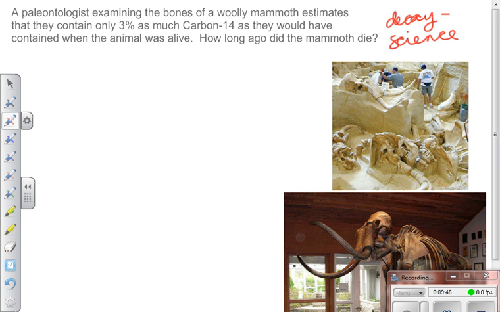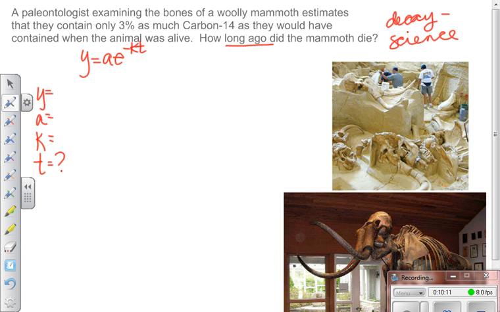So we are going to go to our y equals a e to the negative kt model. So we are going to need a value for y, a value for a, a value for k, and a value for t. Those are our variables. We need 3 out of the 4 of those. So how long ago did it die? Time is what we don't know.